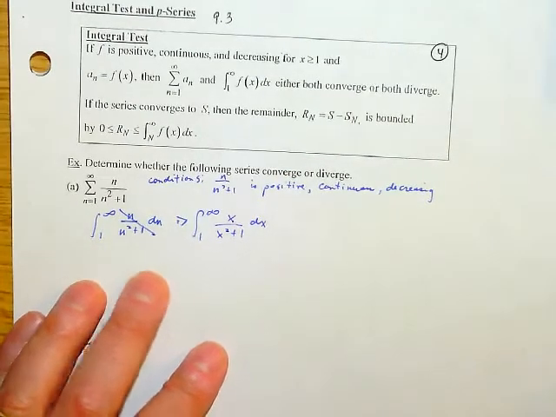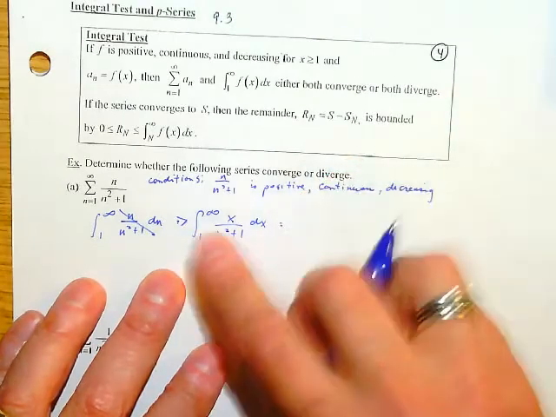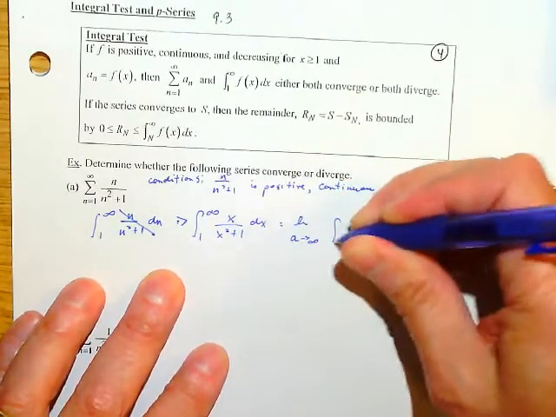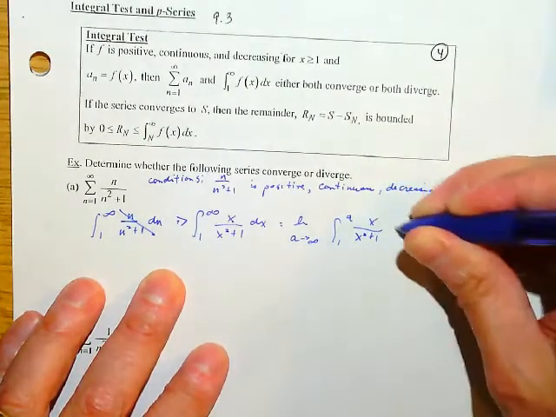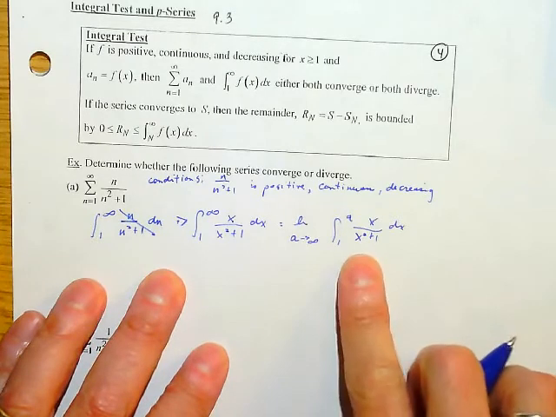And sure enough, we would take the limit, because it is an improper integral, the limit as a approaches infinity of the integral from 1 to a of x over x squared plus 1 dx. Got to figure out first our integrand and what the antiderivative of that would be.